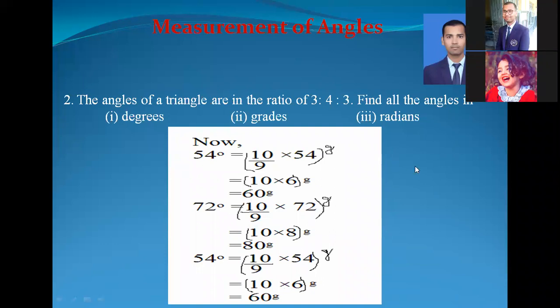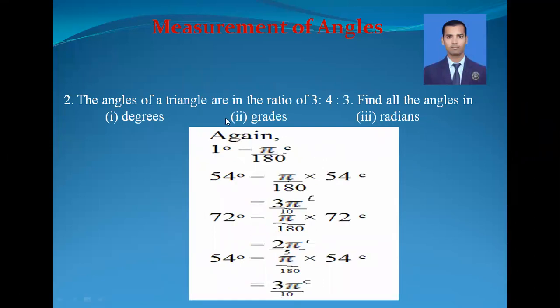Now, let's come to the third step of the same question. Again, we have here 1 degree is equal to pi by 180 radian.